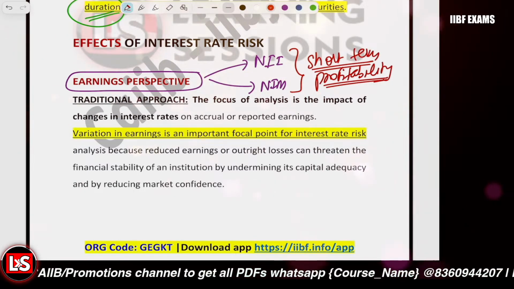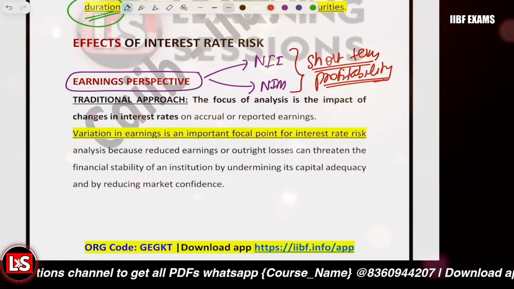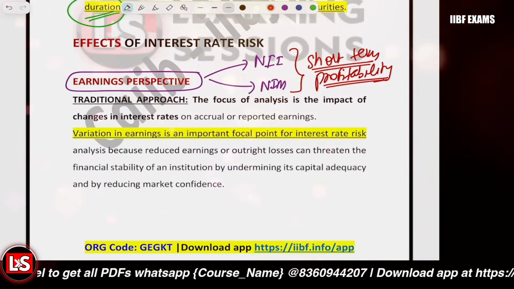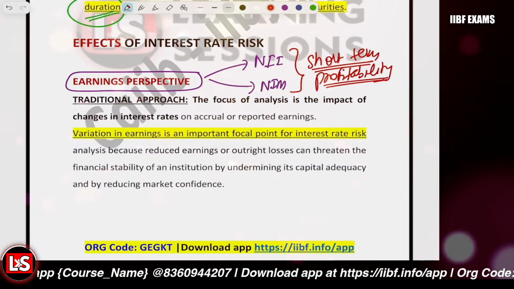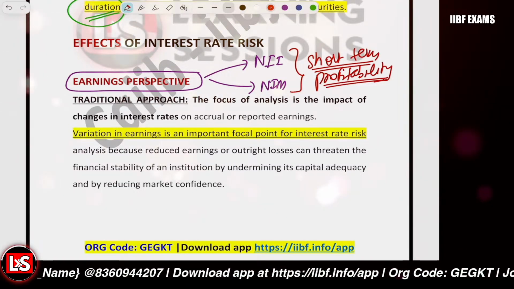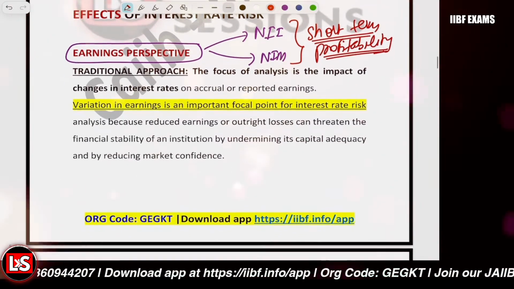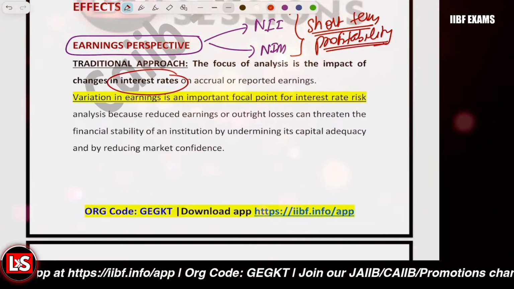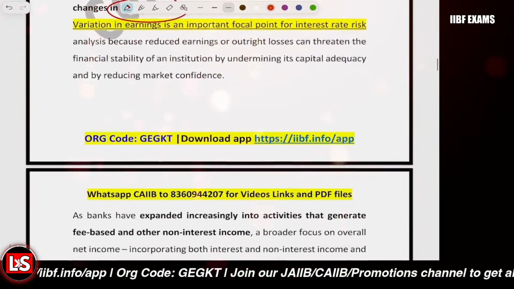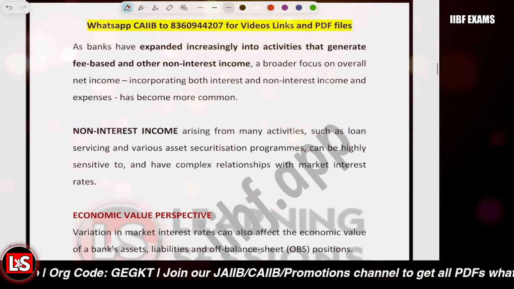If the earnings are reduced, it's going to affect the capital adequacy. It's going to impact the market confidence, right? So the focus of analysis is basically the change in the interest rate. If the interest rate changes, it's going to impact your net interest income and the net interest margin.